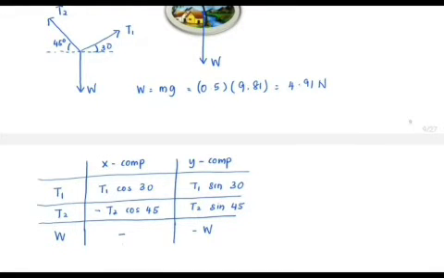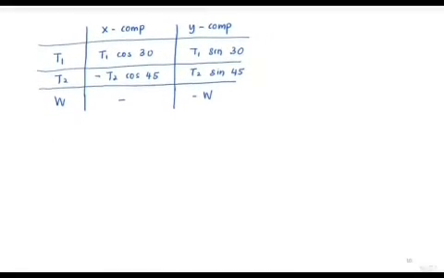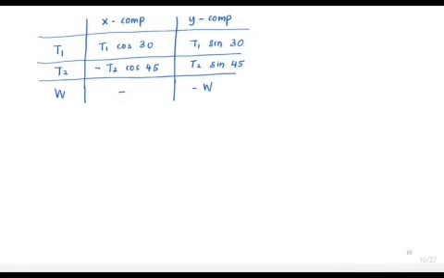Third step is we write the resultant of X component and Y component. Resultant of forces at X component will be T1 cos 30 minus T2 cos 45, and it is equal to 0.